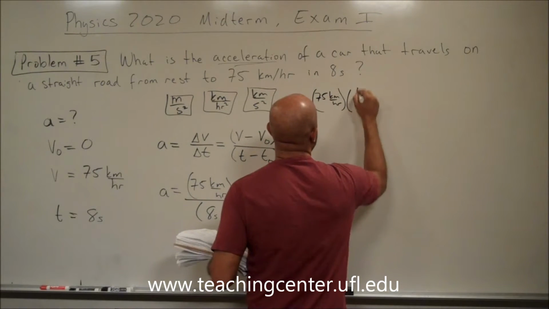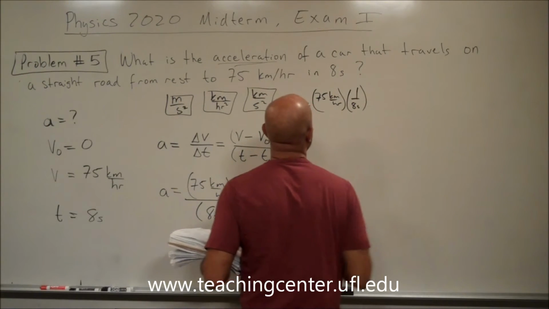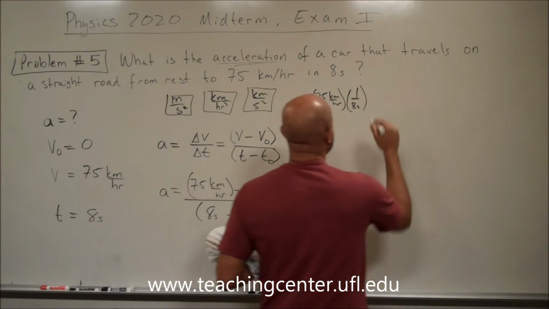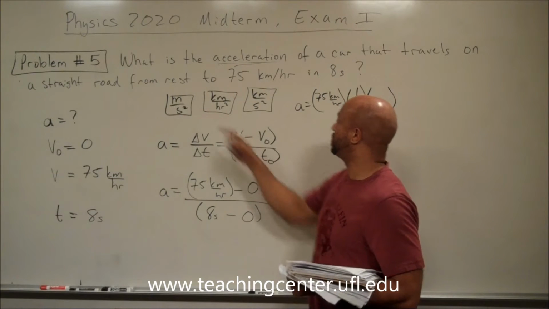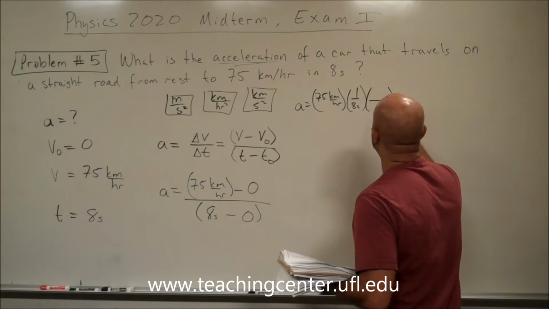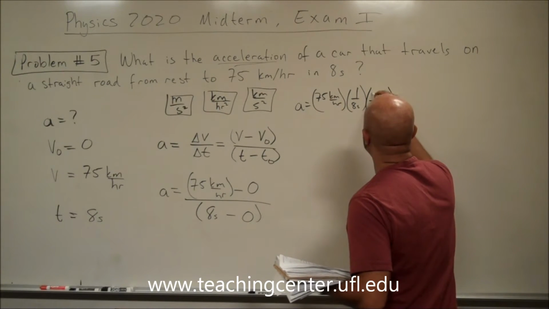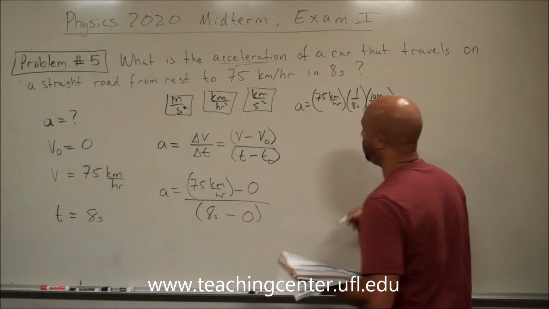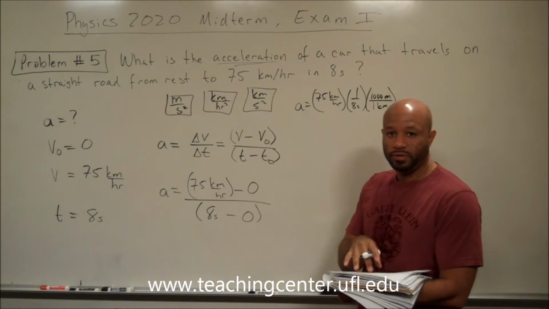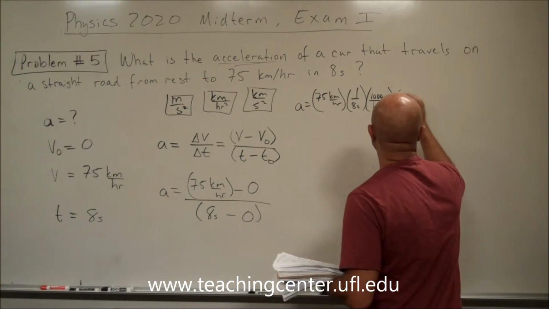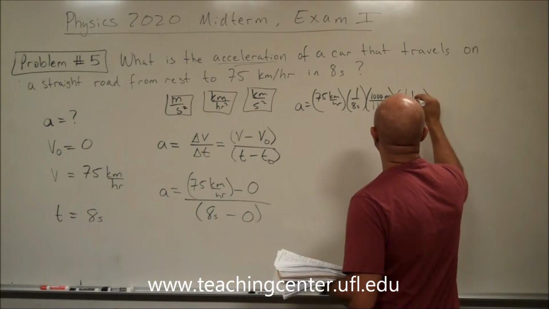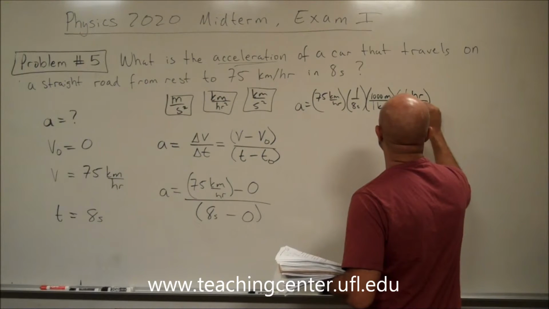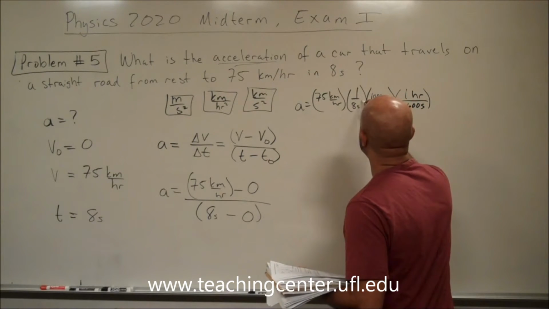Okay, and so we know that we want to convert to meters per second squared, and we know that in 1 kilometer there's 1,000 meters. We can also get that from the formula sheet. And we know that in 1 hour there's 3,600 seconds.